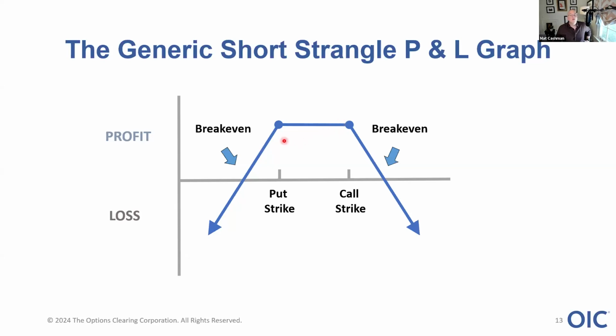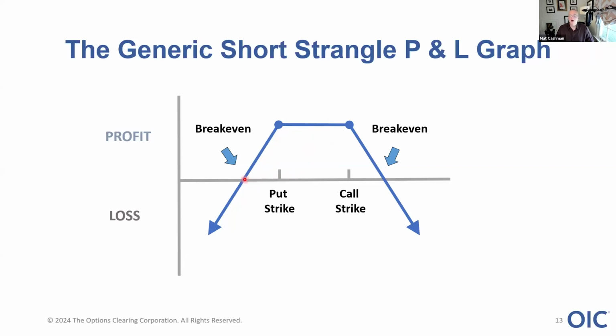In this case, your break evens are going to be exactly the same, except instead of wanting the actual stock to move outside of the range, you want the stock or the underlying to stay within the range. In order for you to break even on this trade from the short side, you need the stock to stay within this range here, which is where your profit is, but your break evens are exactly the same.